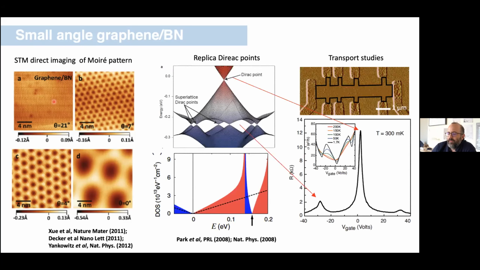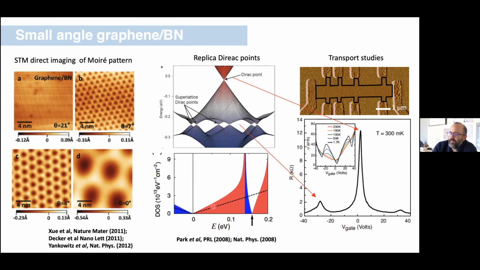Okay, so now if I try to measure transport in the system, what do I see? So remember previously we saw that if I measure graphene transport, I've got a peak in the resistance when I'm at the crossing point. In this system, there's the initial crossing point, called the Dirac point, and then some energy away from that, as I showed in the previous slide, there's what we call a satellite Dirac point.